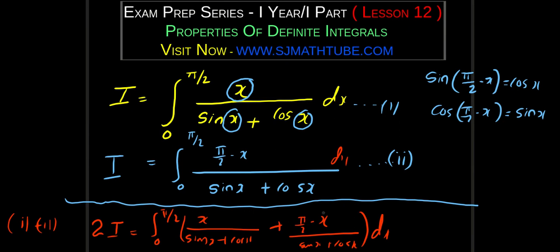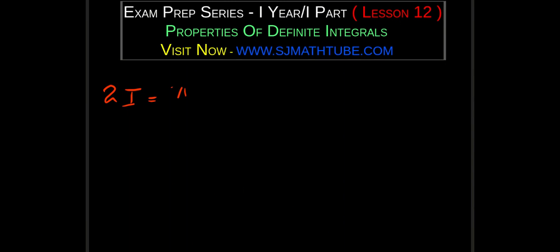Look at this, the denominator is common, so this x and x will get cancelled eventually. So you get pi by 2 integral 0 to pi by 2 1 by sin x plus cos x.